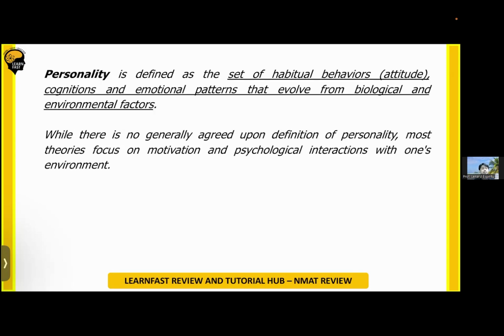So personality is defined as the set of habitual behaviors or attitudes, cognitions, and emotional patterns that evolve from biological and environmental factors. While there is no generally agreed upon definition of personality, most theories focus on motivation and psychological interactions with one's environment.